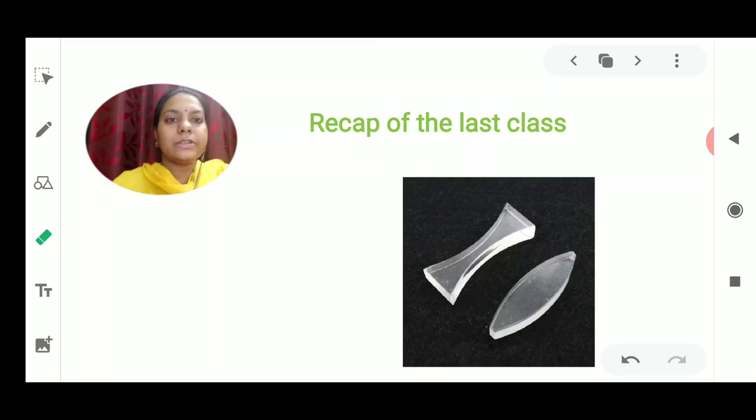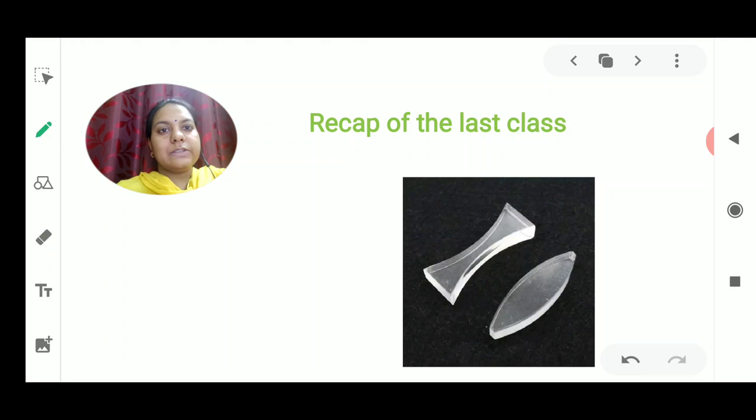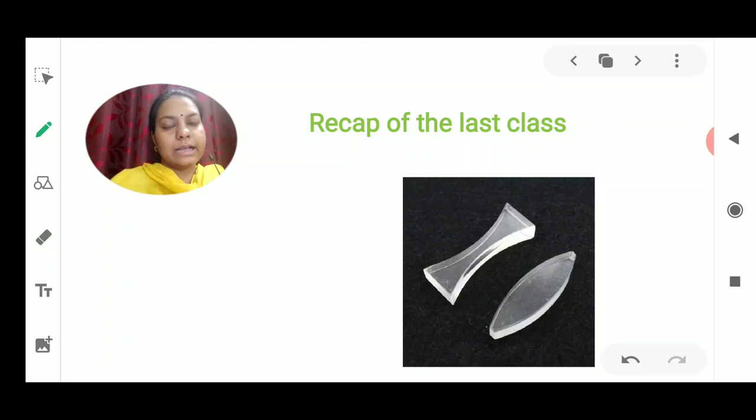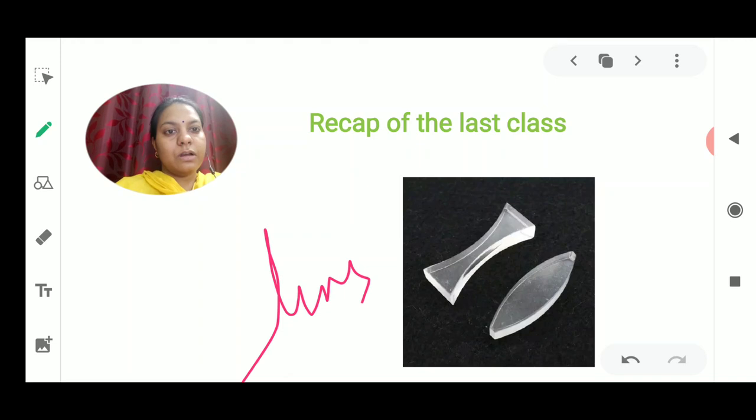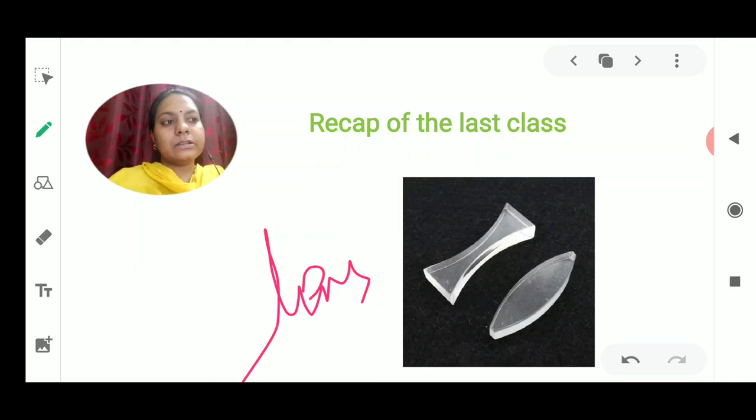Then after that we saw that there are spherical transparent surfaces which also act as refracting media, known as lenses. At the back you can see the slide showing both types of lenses based upon the curved surface, as we have seen in the mirrors.